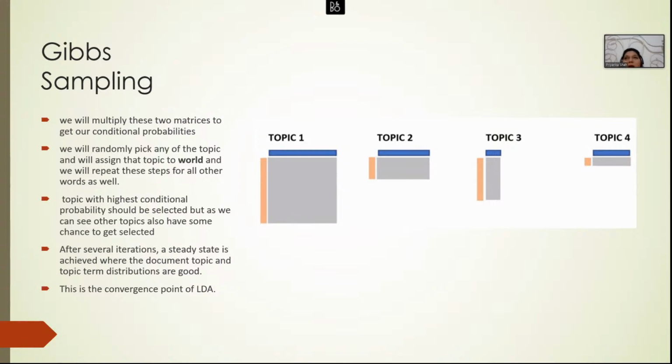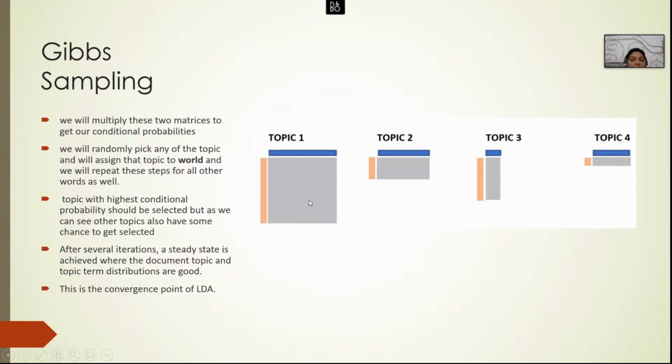So whenever I come across a new word in another document, assuming I don't know what category it falls under and calculating all this probability distribution, I'm going to land up with the same P1 times P2. When I calculate the probability, it is going to give me topic one itself.